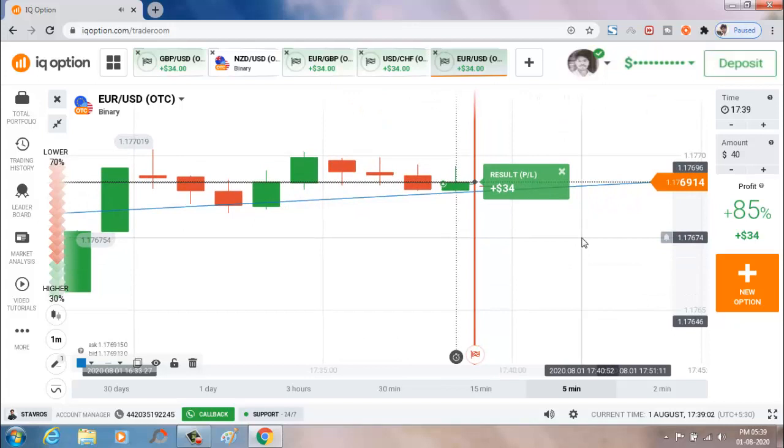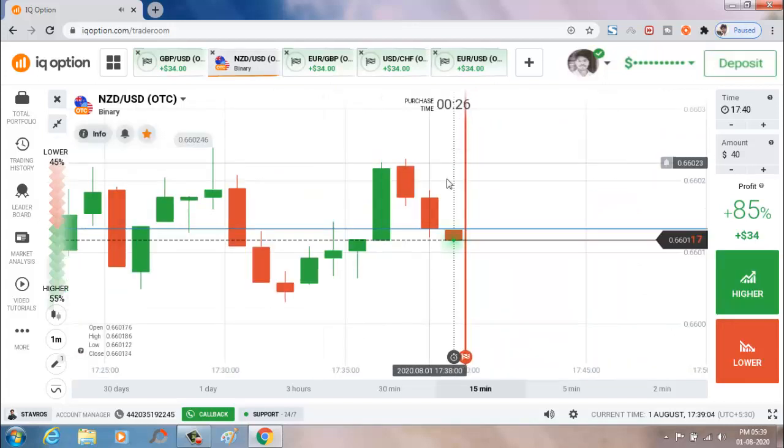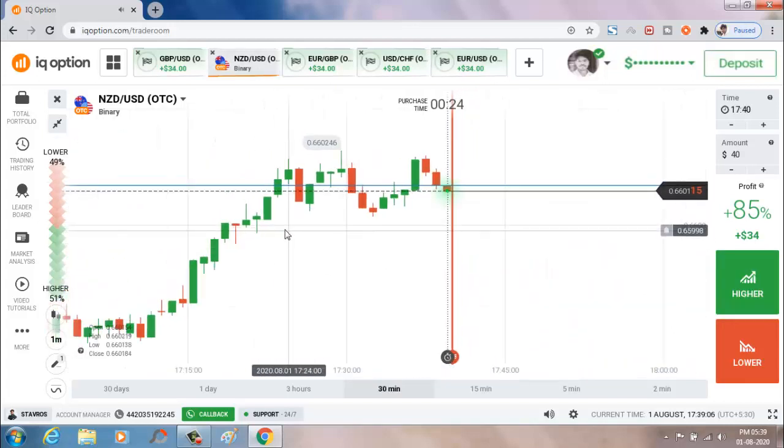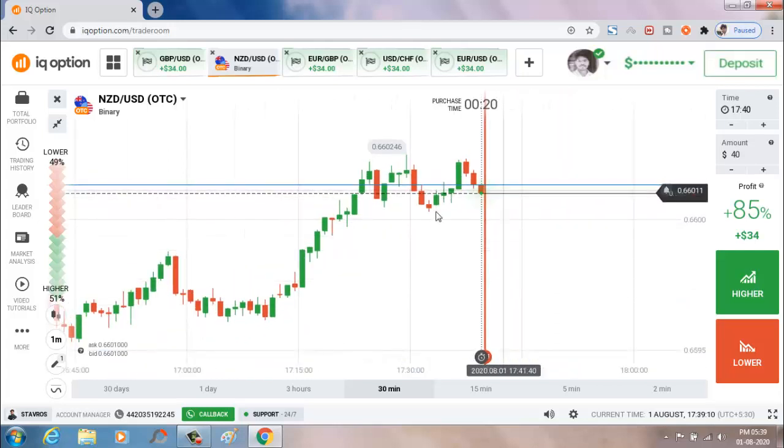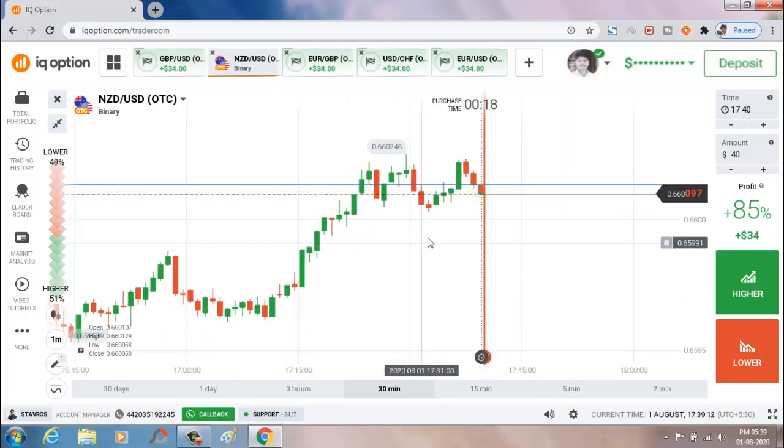Okay, this is also a winning trade. And this is a loss of my trade, one trade. I will try to recover this trade.